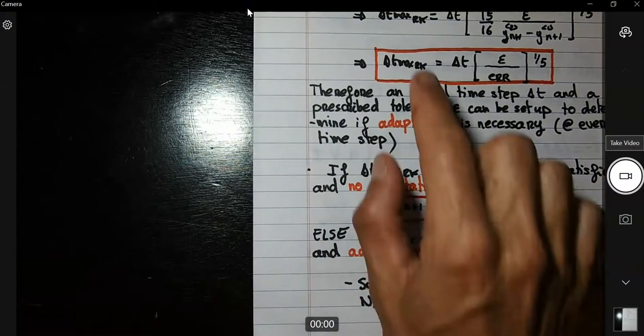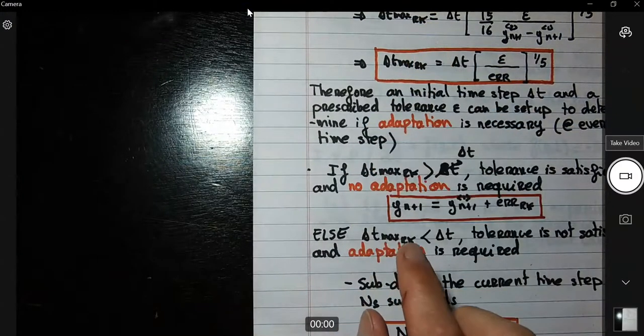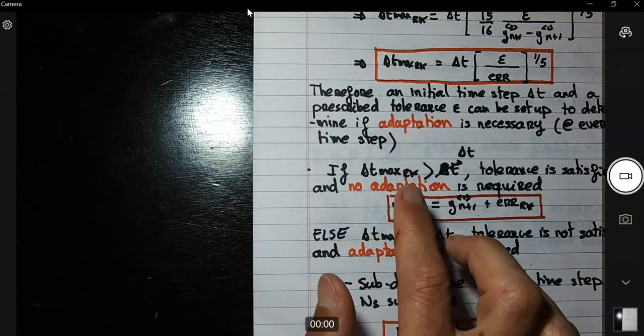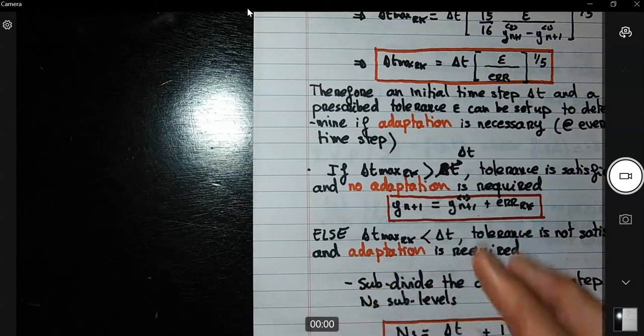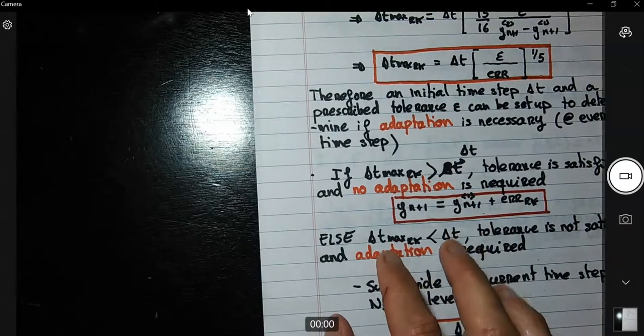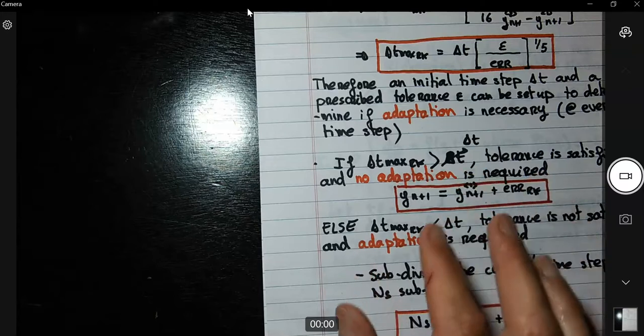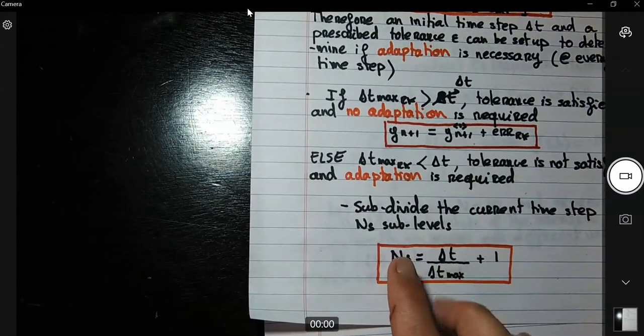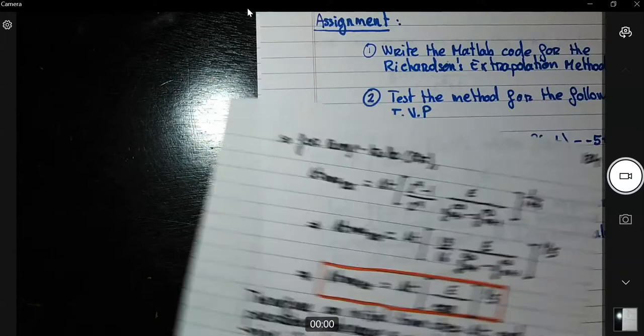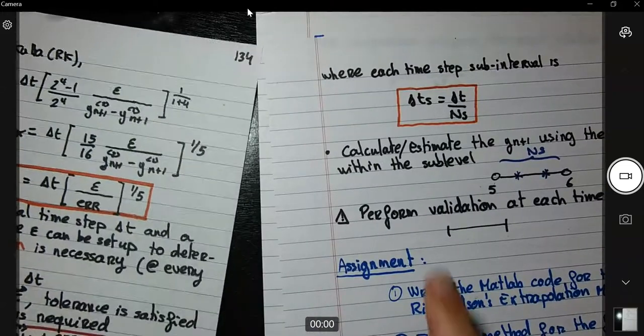So basically I calculated y1, y2, and then I say if delta T max calculated with this is higher than this, just go to this. Else, okay, every other case which doesn't satisfy this one, you need to go to the adaptation. So in that case, the new number of time steps is this one, and your new time step is this one.